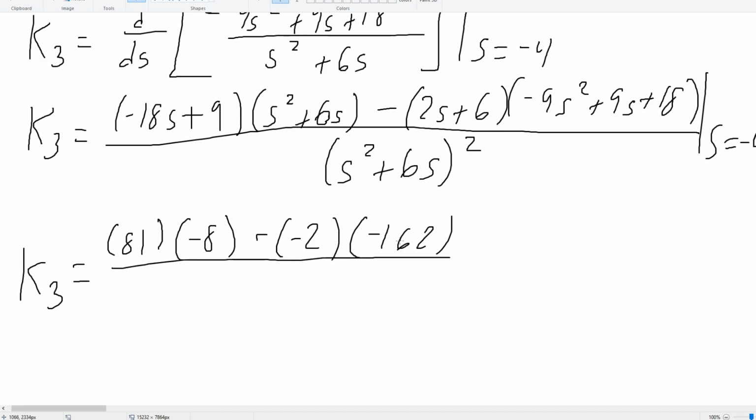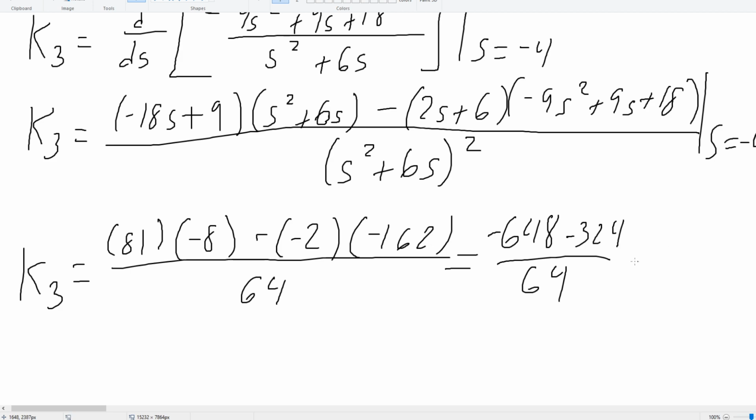And the bottom part comes out to be 64, right? You could just write the whole equation there, but I just did it by parts because for me that's easier. This would come out to be negative 648 minus 324 divided by 64, and this will become negative 243 over 16.